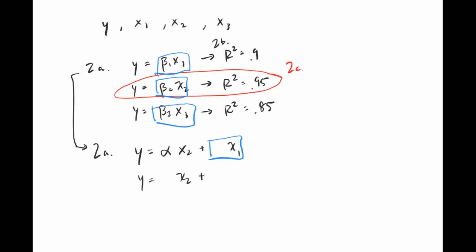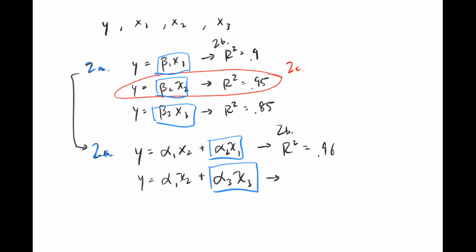Let's do alpha. So step 2B, we'll have R squared, so maybe this will be 0.96, and this will be 0.97. Then in step 2C, we're going to select this one.